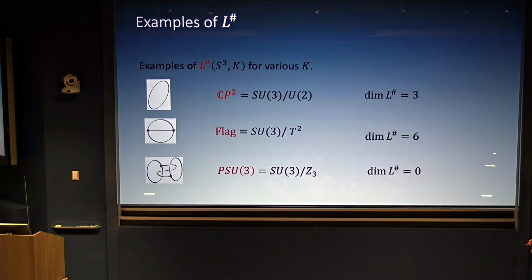The representation variety is the flag manifold. The dimension of L sharp coincides with the dimension of the homology of the flag manifold, which is 6. For the tangled handcuffs, however, there's a non-trivial representation variety, PSU3, with Z mod 2 coefficients. Its homology has rank 4, but L sharp does not have rank 4. It has dimension 0.